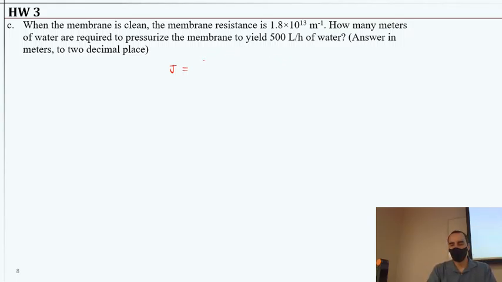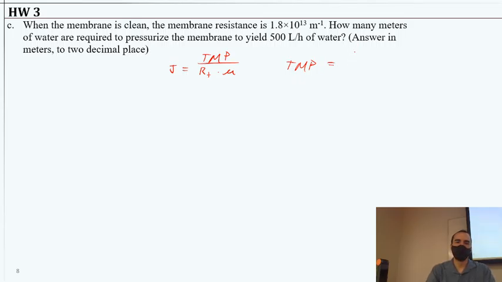And so if we take a look, we have a formula. The flux is equal to the transmembrane pressure divided by the total resistance, RT, times mu. So that's going to be the equation we can use. We can get mu because we know our temperature. We were given our total membrane resistance, and we can find that transmembrane pressure, which is going to relate to the height of water we have, right?